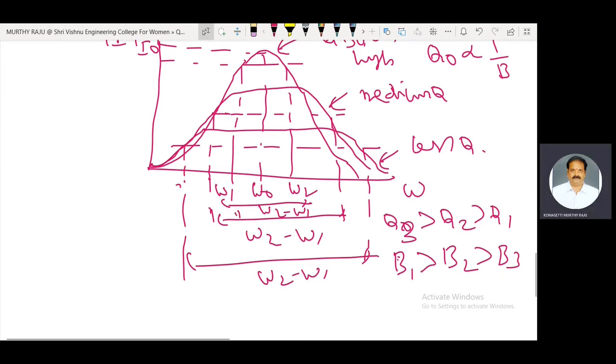For lower values of Q, the selectivity of the series resonance circuit is poor. For higher values of Q, the selectivity is good.